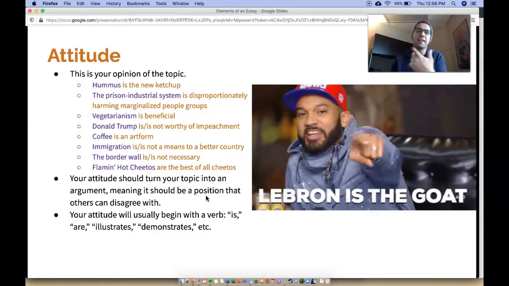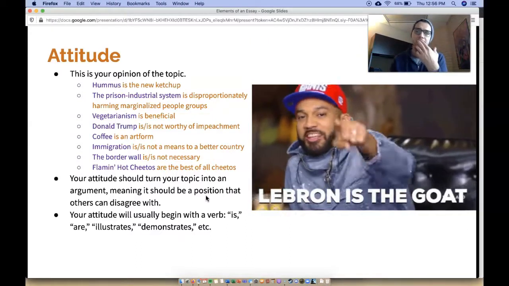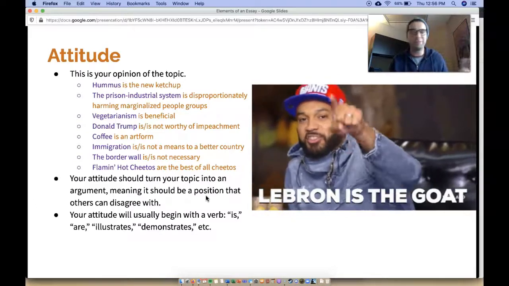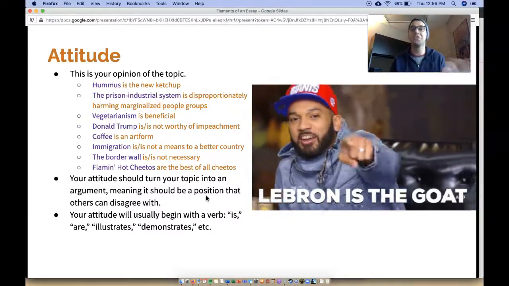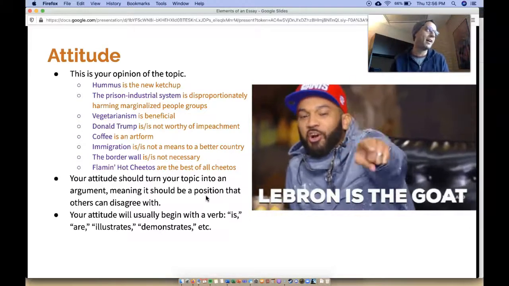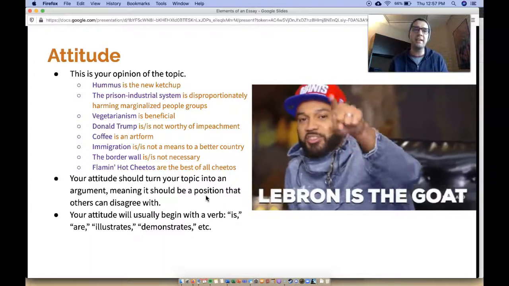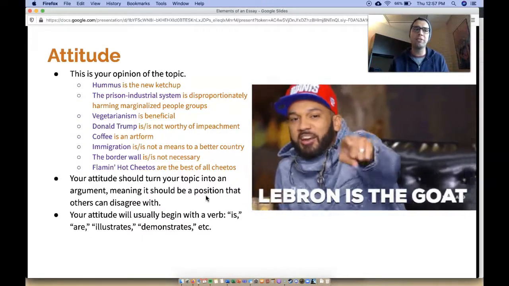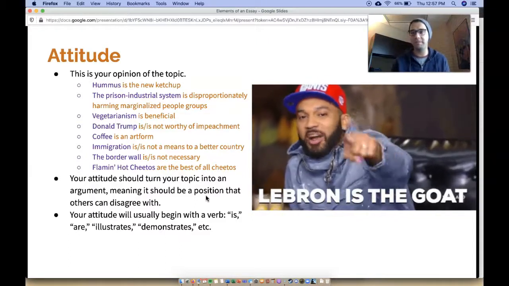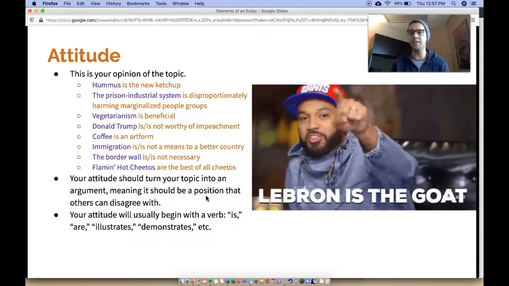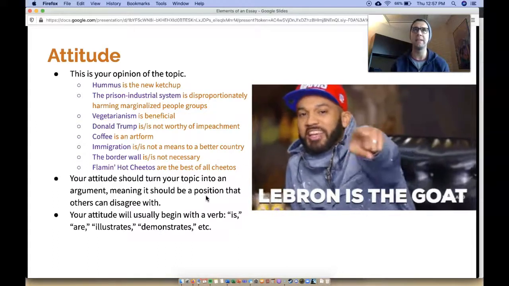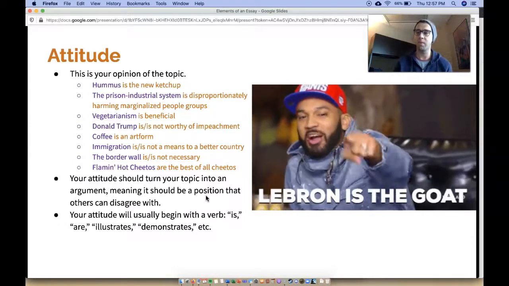It can be something like, hummus illustrates the beauty of Greek cuisine. Illustrates would be the verb there. Or, reading novels creates a healthier livelihood. Creates would be the verb there. In fact, I cannot think of a circumstance in which your attitude would not start with a verb.